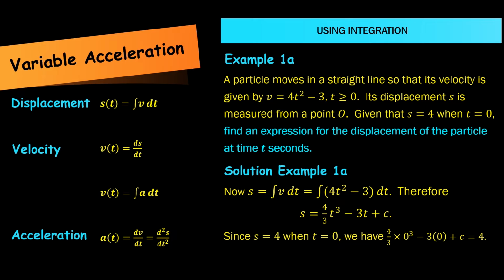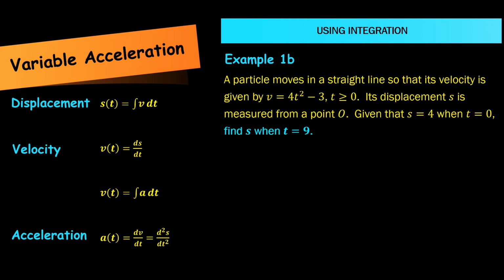Now, since s equals 4 when t equals 0, if we plug these values into our equation for s, as shown here, we obtain c equals 4. And therefore, s equals 4 over 3 t cubed minus 3t plus 4.